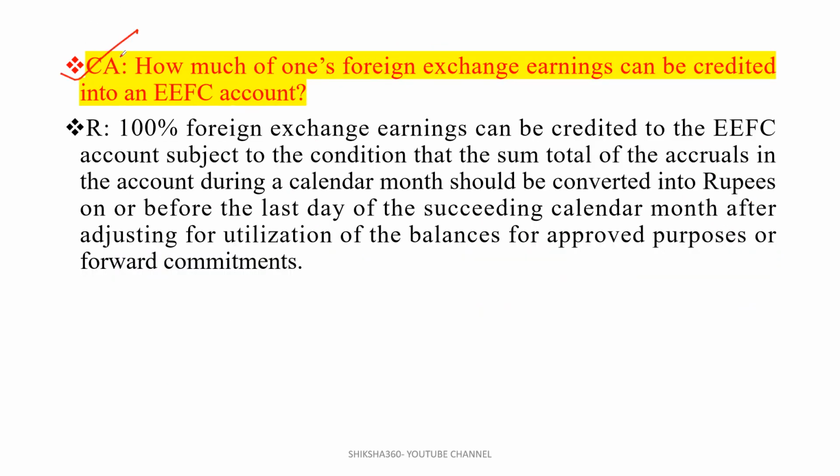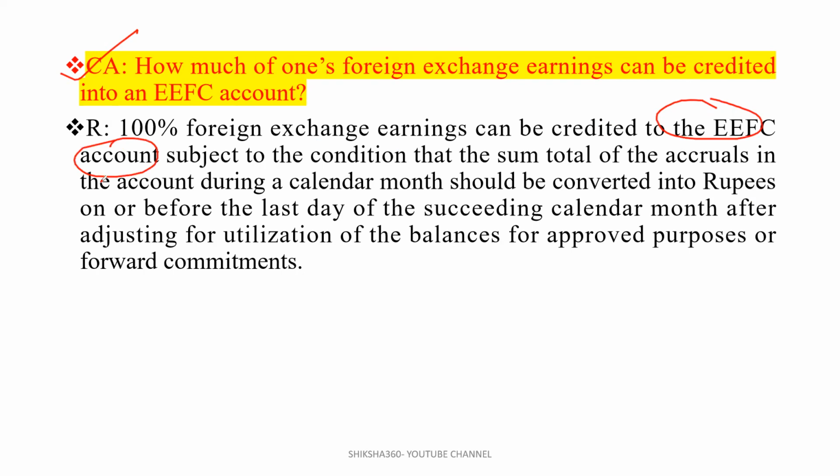How much of one's foreign exchange earnings can be credited into the EEFC account? We have already discussed that it is 100%. 100% of foreign exchange earnings can be credited to the EEFC account, subject to the condition. What is the condition?